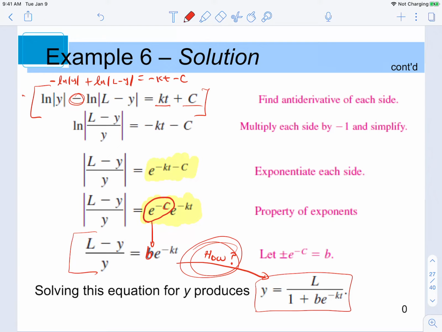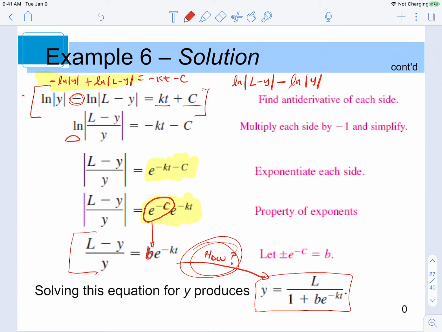That's what you're seeing here. And taking these two, notice they're both ln's, they're both logs. And if I think of it as ln of absolute value of L minus y minus ln of y, well, I can combine those two together to give me this.